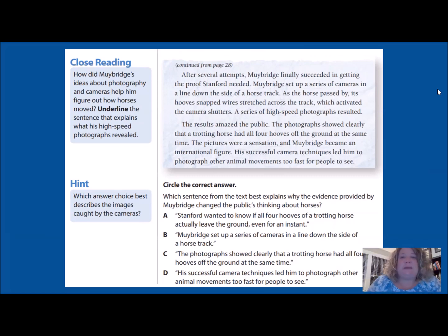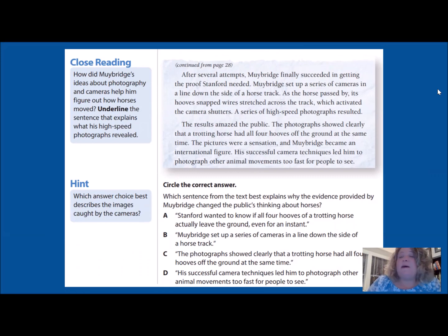After several attempts, Muybridge finally succeeded in getting the proof Stanford needed. Muybridge set up a series of cameras in a line down the side of a horse track. As the horse passed by, its hooves snapped wires stretched across the track, which activated the camera shutters. A series of high-speed photographs resulted.